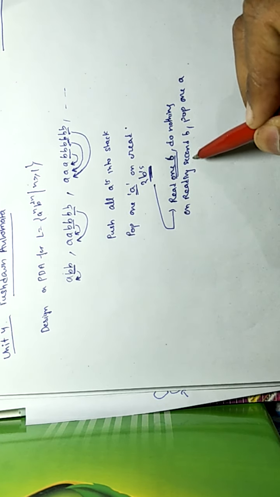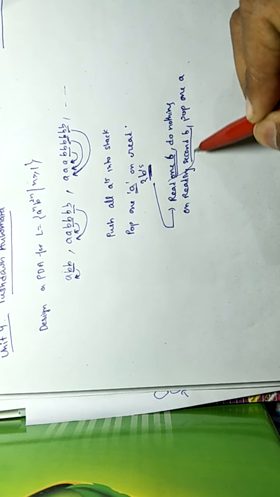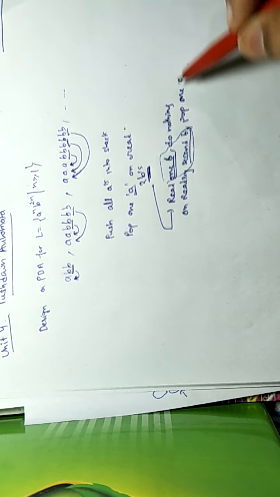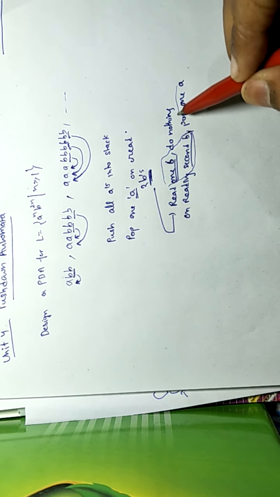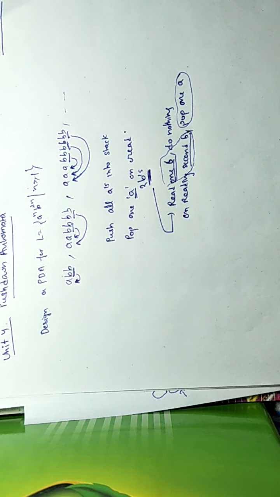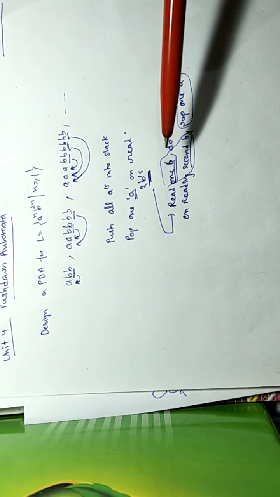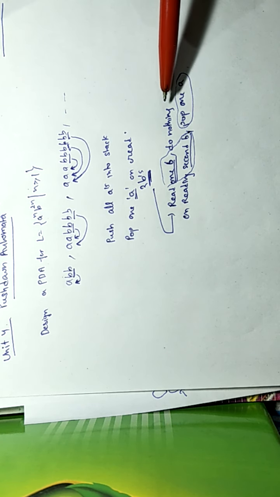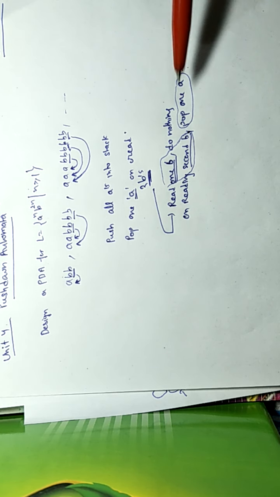By doing this we are reading 2 b's, and on reading 2 b's we are popping 1 a from the stack. So out of 2 b's, we do nothing for 1 b and pop a for the other b.